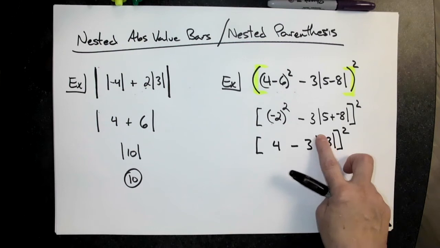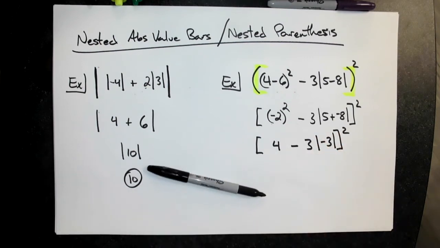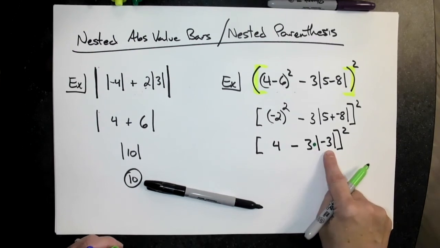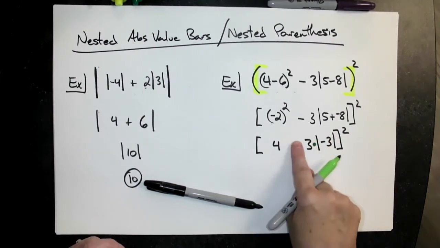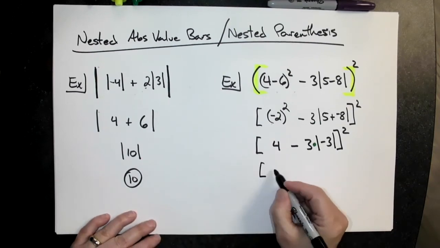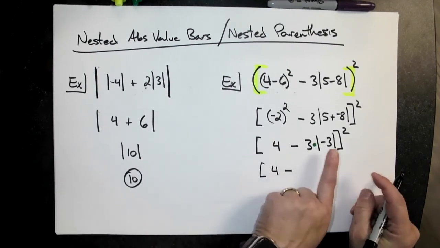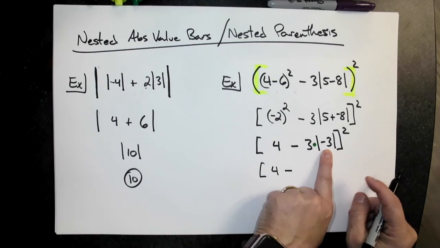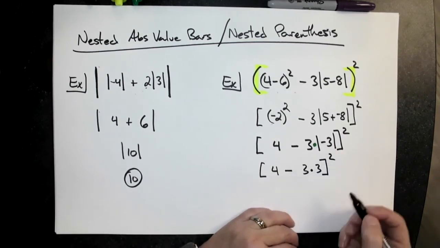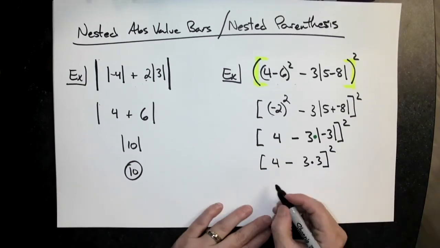All right, however, this right here is really 3 times the absolute value of the -3. Multiplication has to be done before add and subtract. Okay, so the correct way to do it would be to keep the 4 and the minus sign there. Absolute value of a -3 is a +3. 3 times 3, square brackets and squared stays there the whole time.